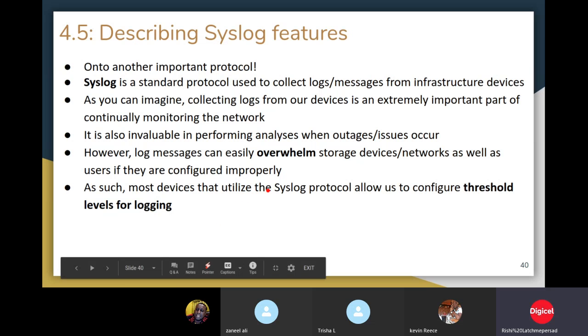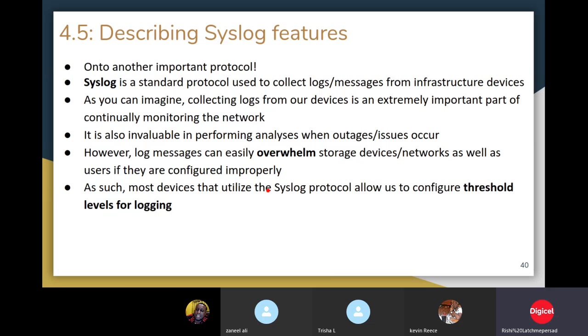So basically, we want some information from the devices to help us troubleshoot issues and make sure the network is operating properly. But we don't want to just be flooded with information. You can't have somebody sitting in front of a TV watching 100 messages fly by every second. And that is very possible if you're monitoring like 1,000 devices, right?